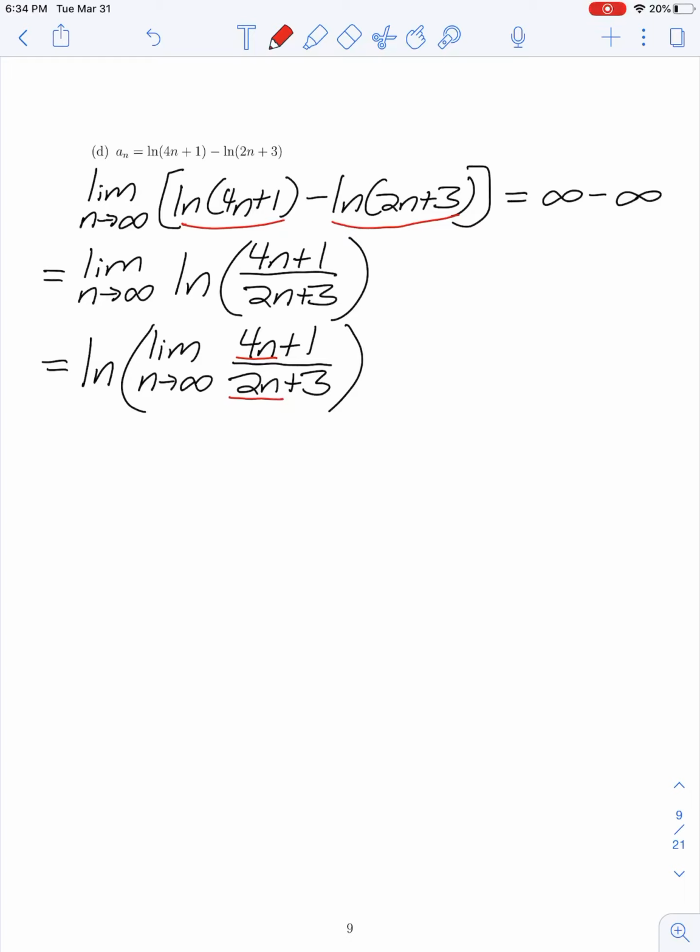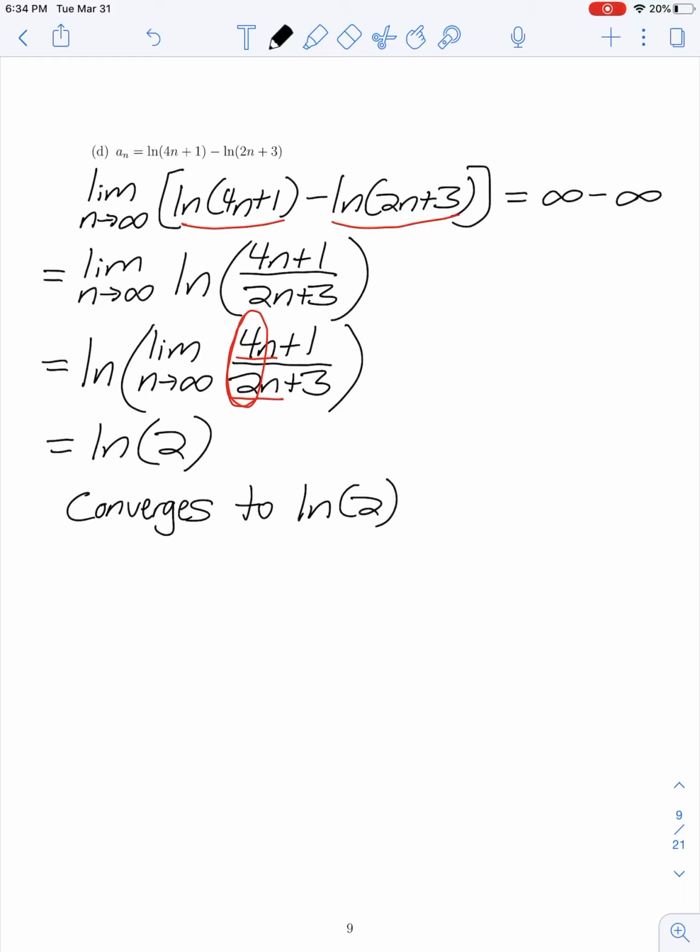Now inside of the logarithm, we've got the infinite limit of a rational function. As with our earlier examples, if we look at the highest power of n that appears in the numerator and denominator, both terms involve n to the first, which is the same highest power, so our limit is going to be the ratio of the coefficients for those two terms. In this case, 4 over 2. So we have the natural log of 4 over 2, which is 2.